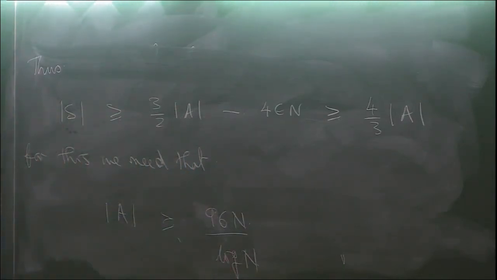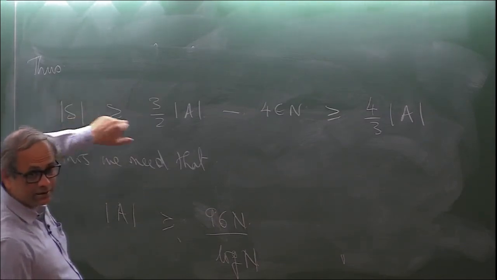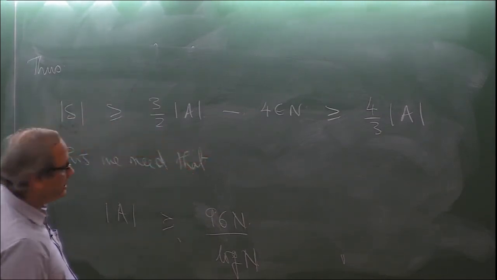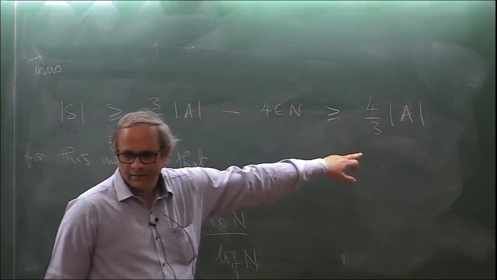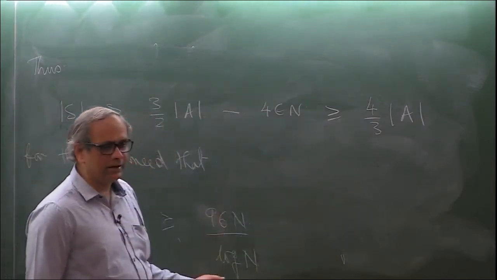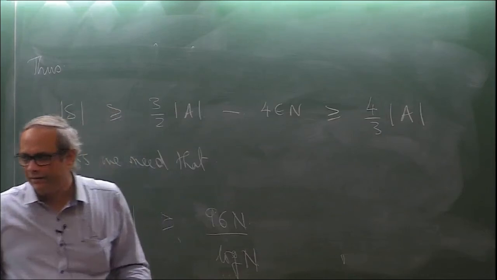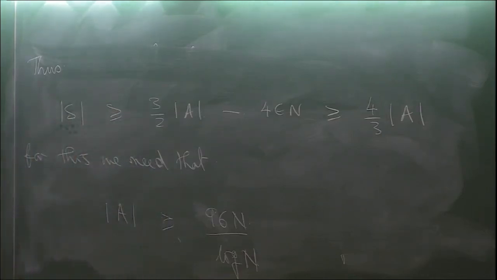Okay? So unless the cardinality of A is bigger than 96 times n over log n, you cannot conclude that the cardinality of S, which is the intersection of A with the support, is bigger than this. But if A is less than 96 n over log n, we are done. Because we have proved that a set of largest cardinality with no 3-term APs actually is small. It's less than 96 n over log n. Okay?